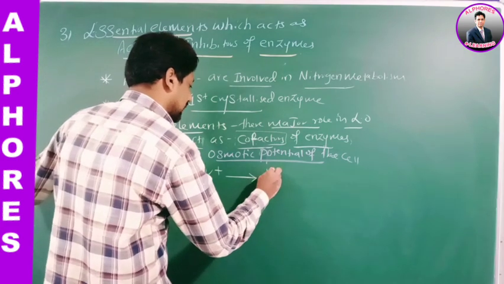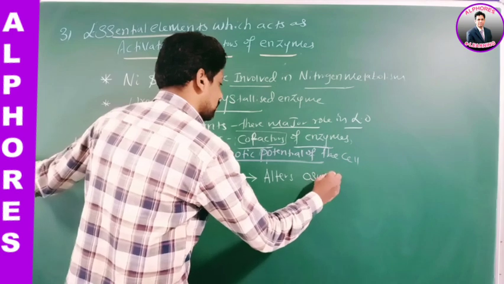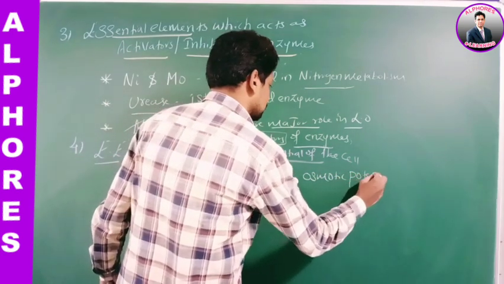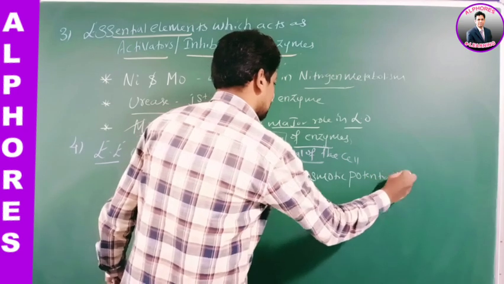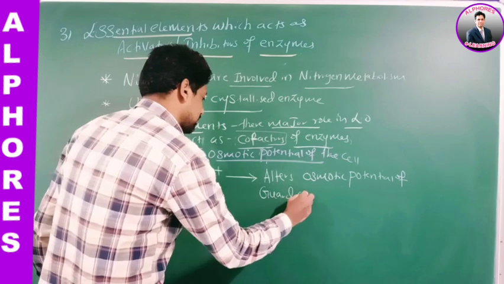Who alters osmotic potential? Potassium. Osmotic potential of which cells? Guard cells.